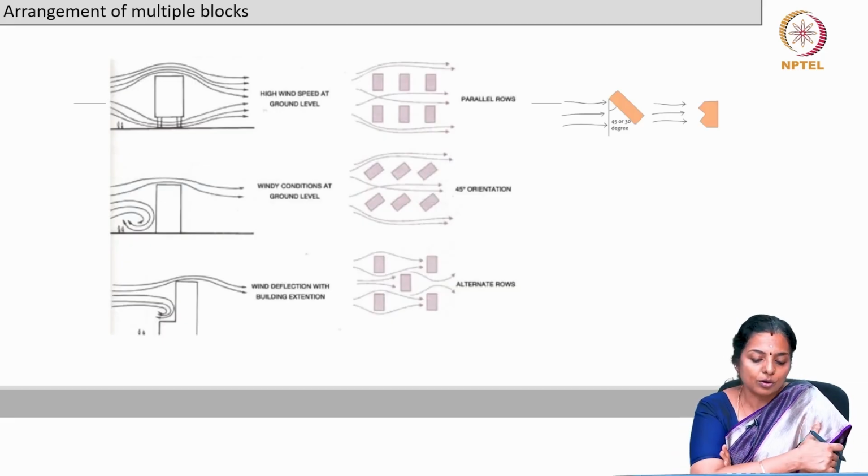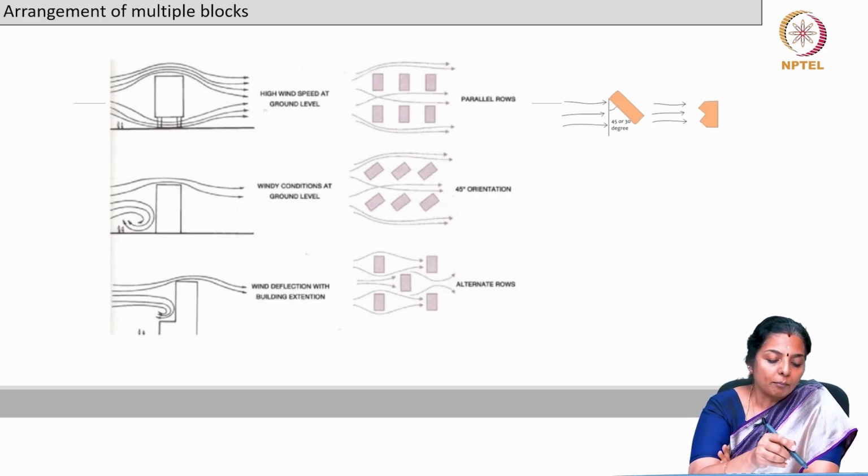Now, you must also understand that physical obstacles in the path of airflow create pressure differences. This causes a new airflow pattern. Air tends to flow from high pressure areas, knowing the direction of air movement. The plan form can be determined also as to create high pressure and low pressure areas.